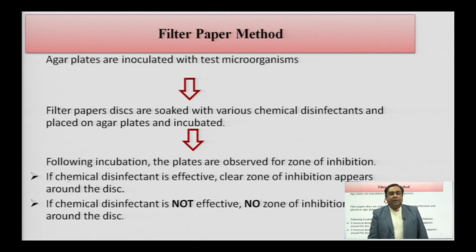Now, in the filter paper method, we have to prepare sterile nutrient agar plates. That is, the nutrient agar has to be sterilized, the petri dish has to be sterile, and then aseptically, in front of the HEPA filter, you add it into the sterilized petri dish to prepare what we call nutrient agar plates.